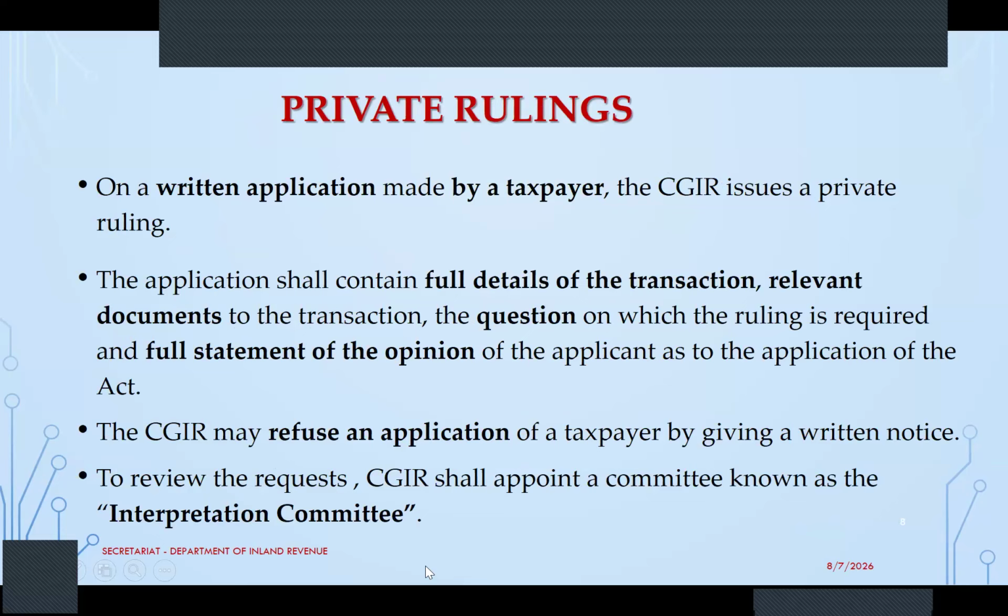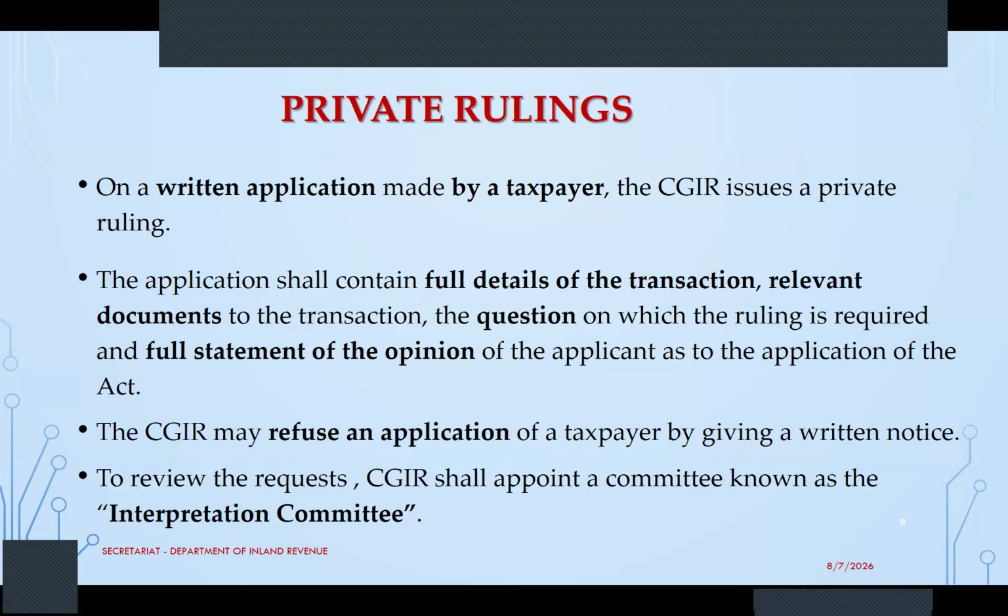So there is a specific provision. There should be an application. The taxpayer should fill in all details in that application, with full details of the transaction. Relevant documents should be included. The question should be very clear. His opinion also should be mentioned here.